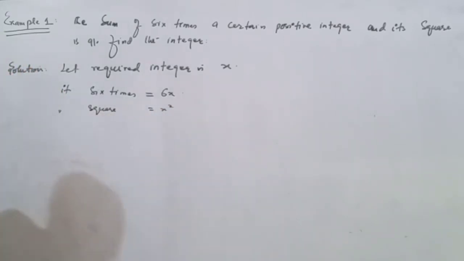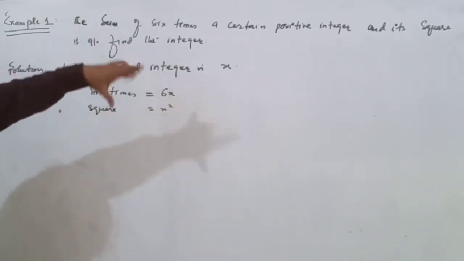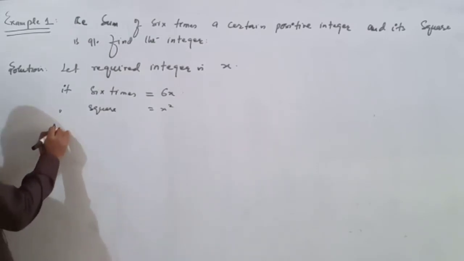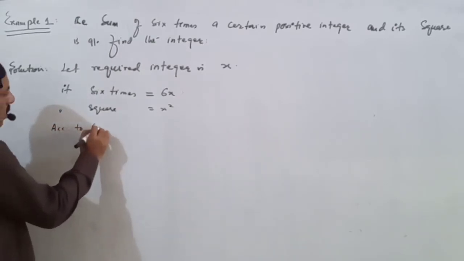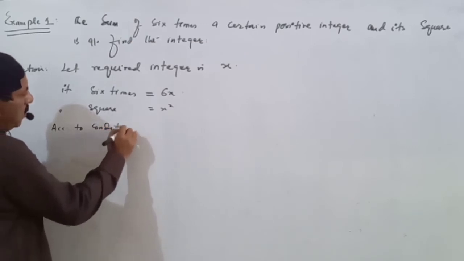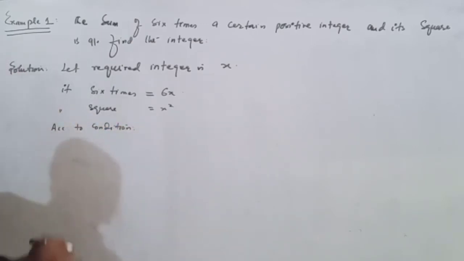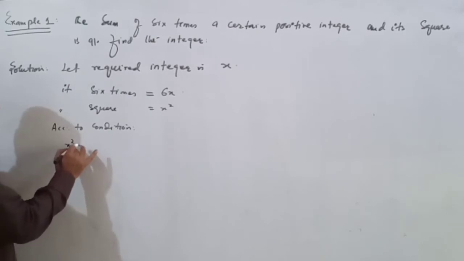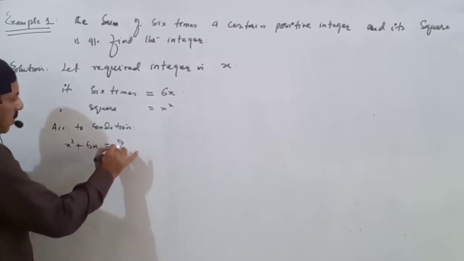So what is the condition? The sum of the 6 times and the square. According to the condition, the sum x square plus 6x is equal to 91.